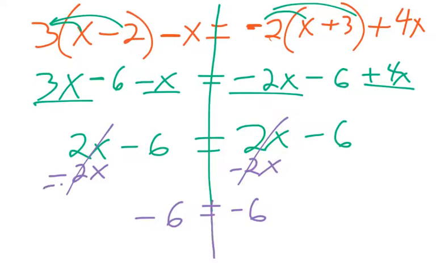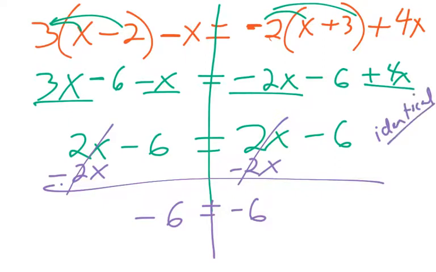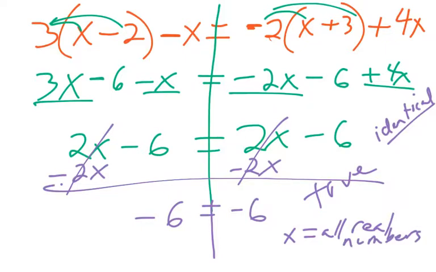But notice the variable canceled, right? So if the sides are identical, like identical twins, or if the variable cancels and you're left with a true statement, that's going to be the answer of all real numbers. A lot of times there's a symbol for that.